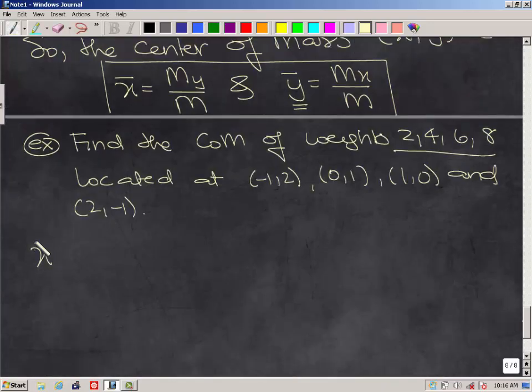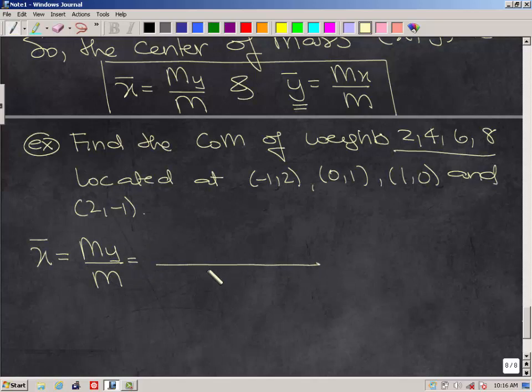So what is x bar? X bar is given by M sub y over M. So the bottom is the sum of all the masses, 2 plus 4 plus 6 plus 8. And on the top we have M sub y, which is the mass times the distance from the y-axis, the x distance.